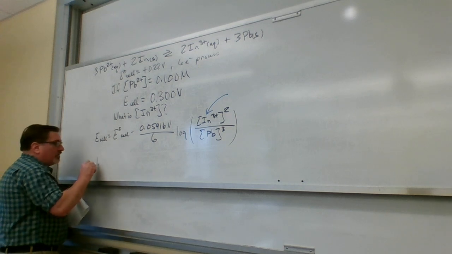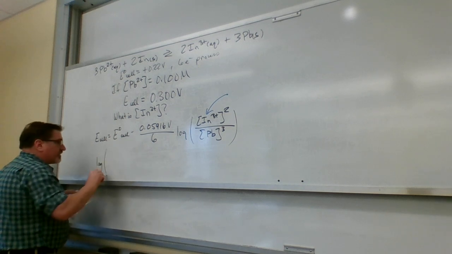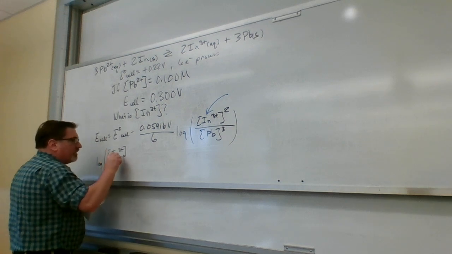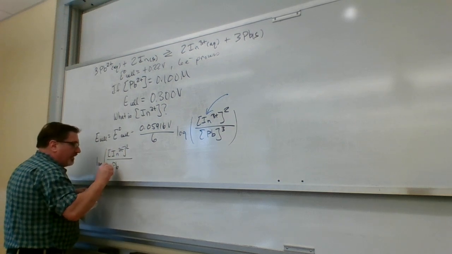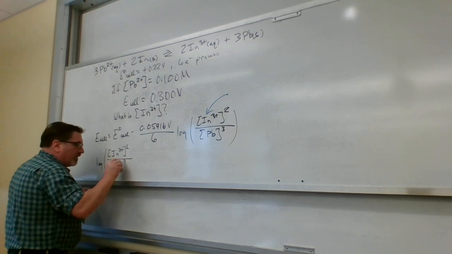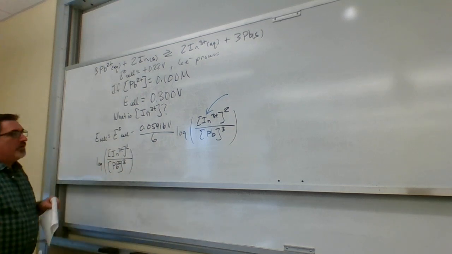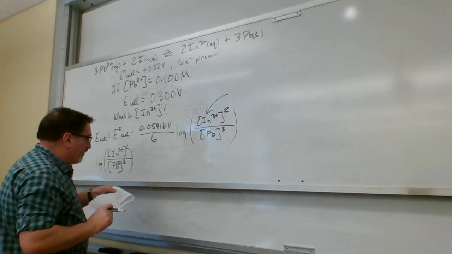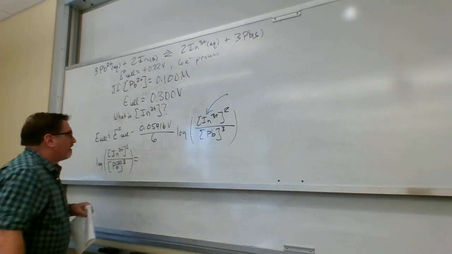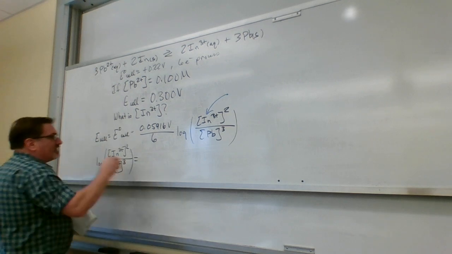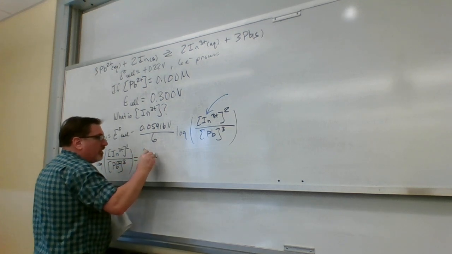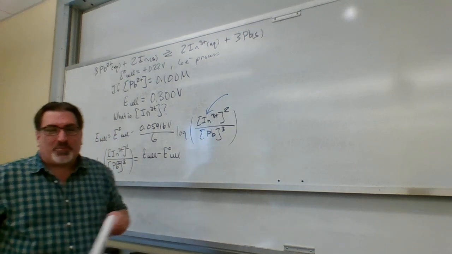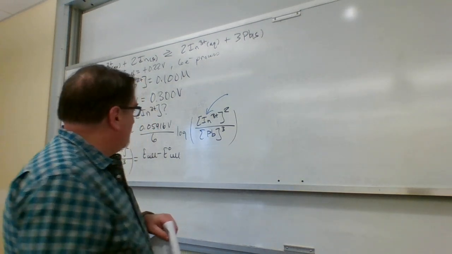So the log of Q, which is the log of In3+ squared over Pb2+ cubed. Getting that by itself, we divide and rearrange. I'm kind of rearranging a couple steps at a time.